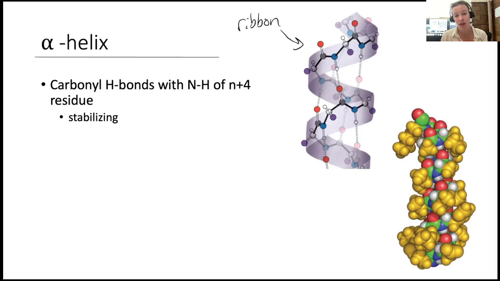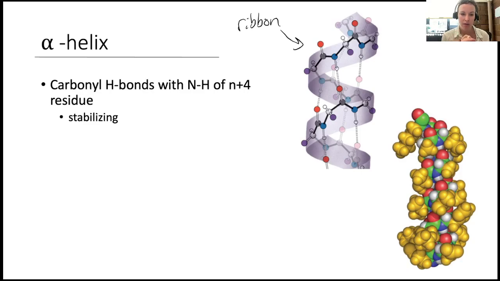Now on the bottom right hand side, I've shown you the space filling model just so you can see how an alpha helix looks when all the atoms are visible. What I want you to understand though is how this structure is stabilized.